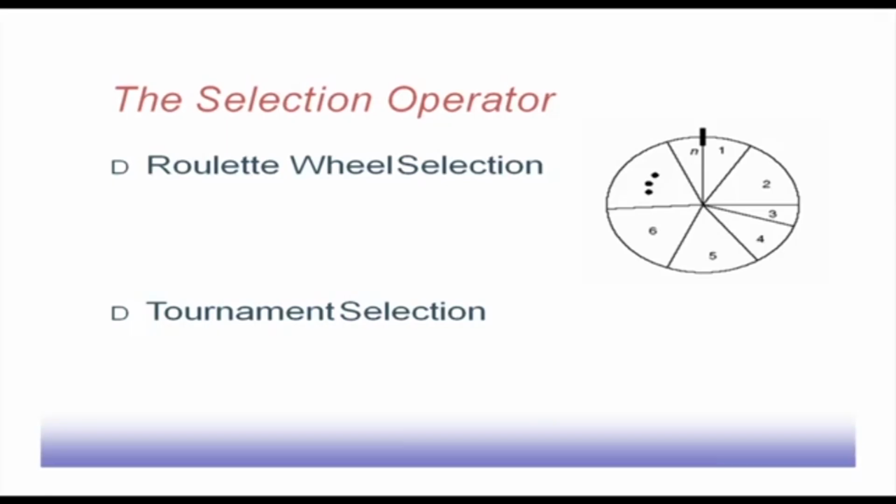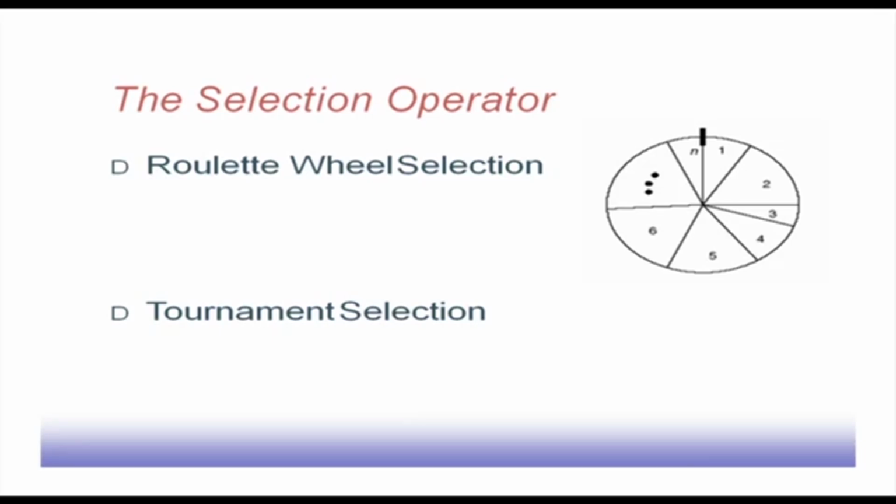The same process is repeated for selecting another individual. Again there is a tournament between two randomly picked individuals, and whichever wins takes part in crossover along with individual 5 that was selected before. This is tournament selection.